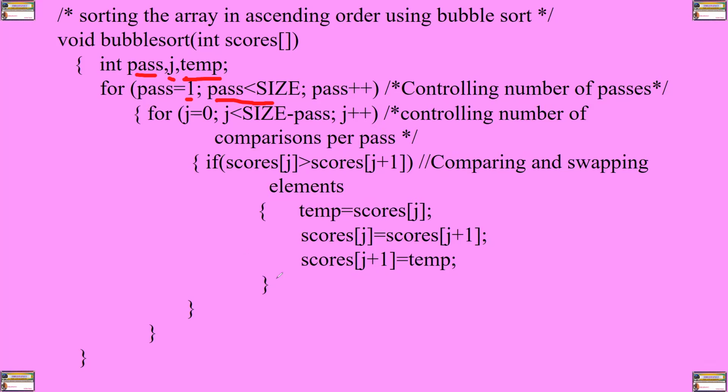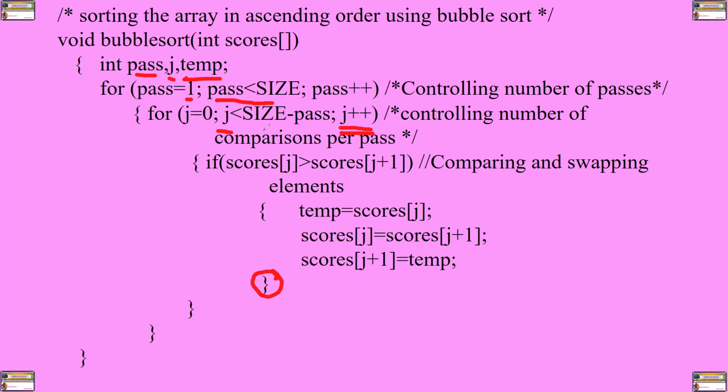Then once this brace is encountered, increment the value of j with 1. So if j was 0, make it 1. Then compare. Is 1 less than 10 minus 1, less than 9?